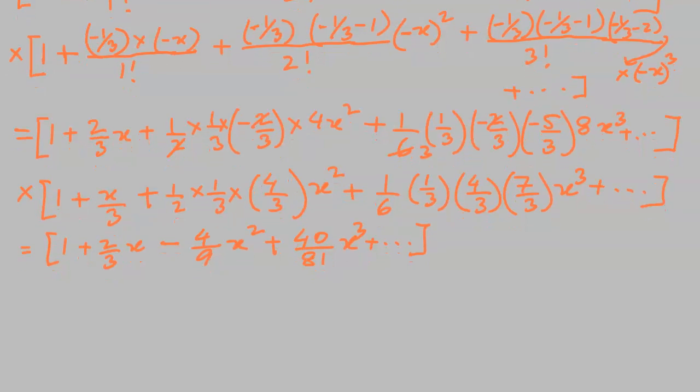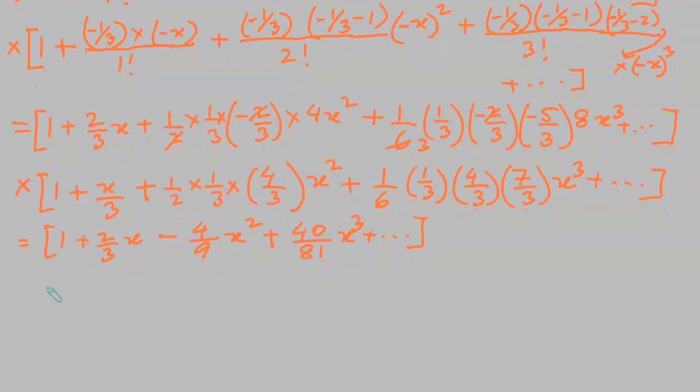This is getting multiplied with 1 plus x over 3, and these two can get cancelled, and we will be having 2 over 9 x square.